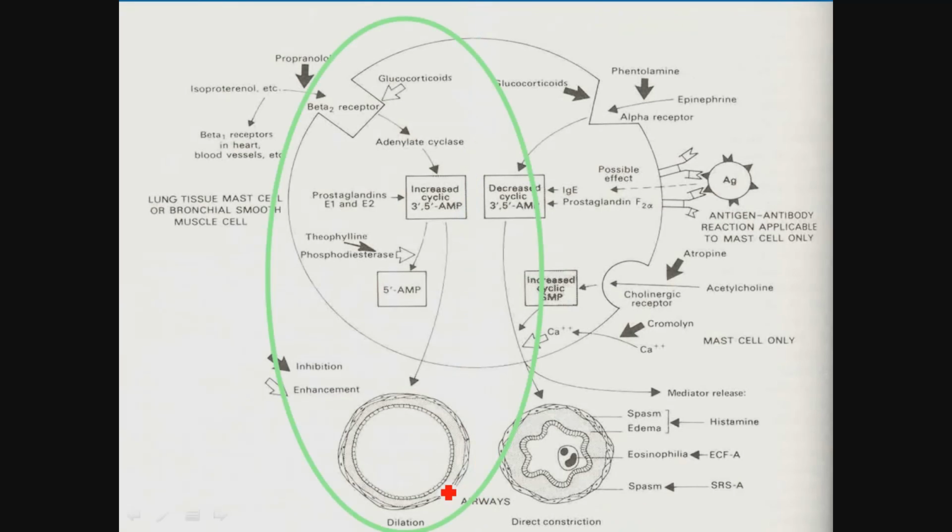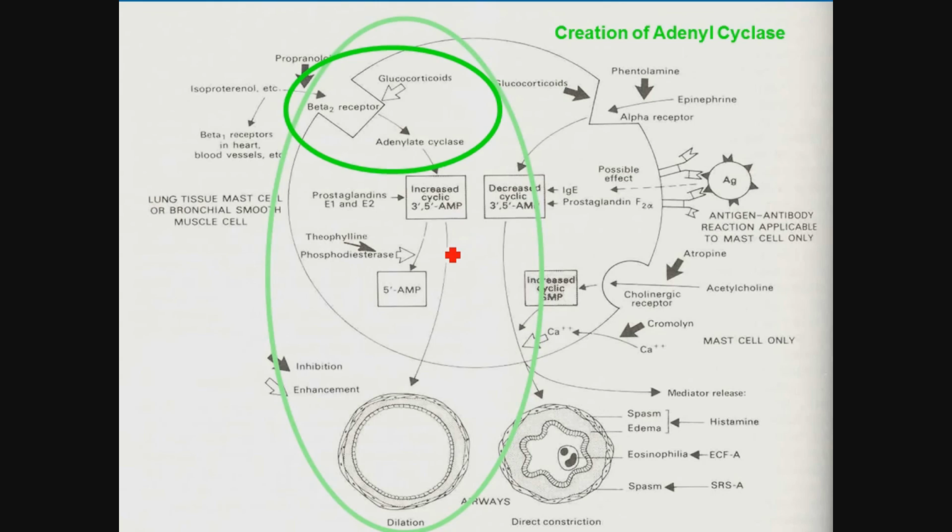So let's go ahead and focus on this left-hand side where I have my beta 2 receptor up at the top, and we're going to find that that causes this cyclic 3' 5' AMP to be created.